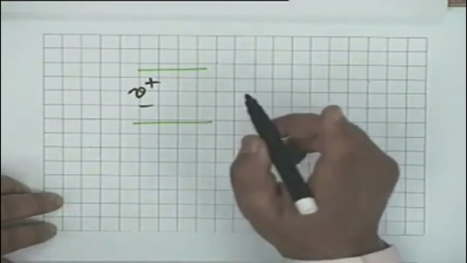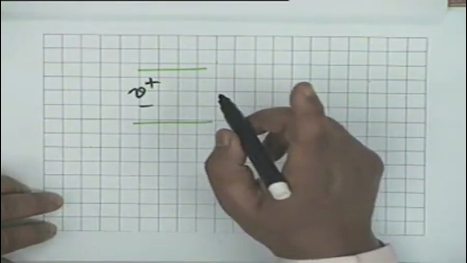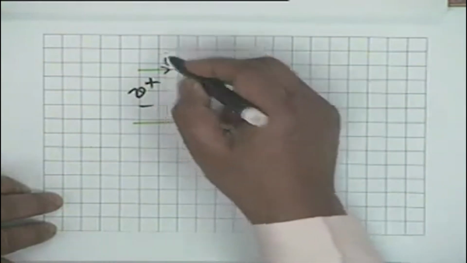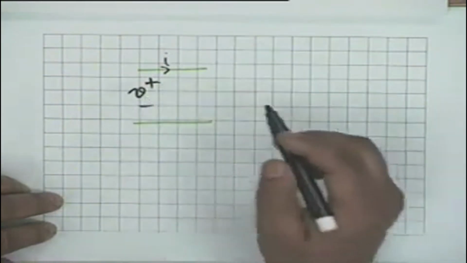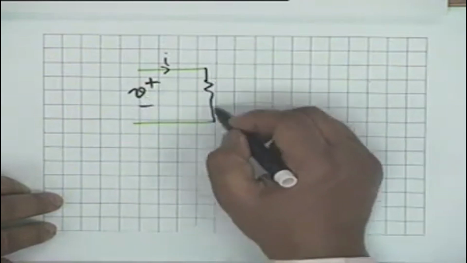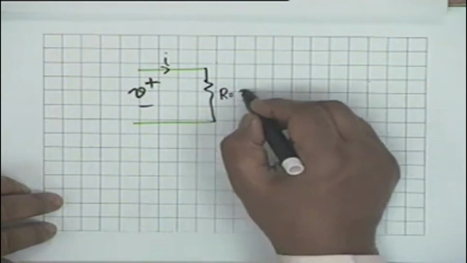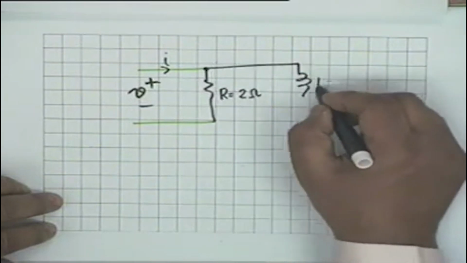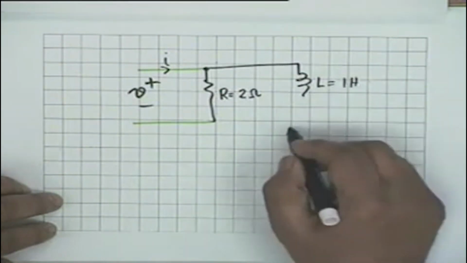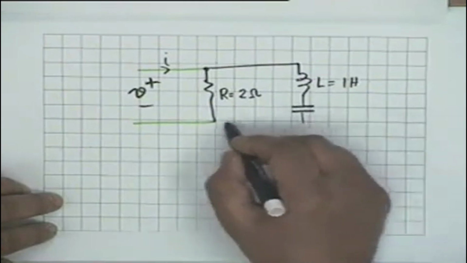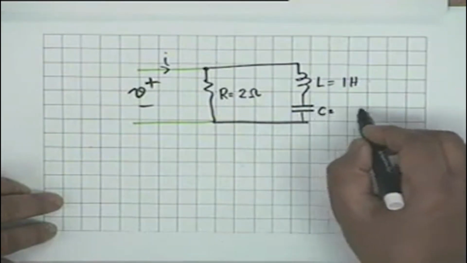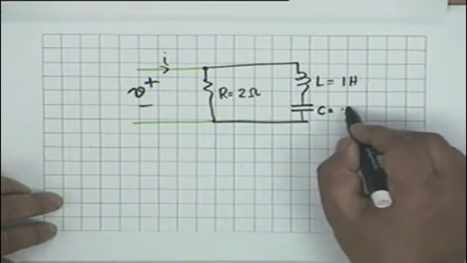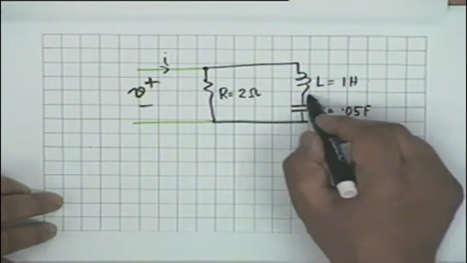So there is a current I, there is a voltage V, and the circuit consists of R equal to 2 ohms and then an inductance L equal to 1 Henry and a capacitance C equal to 0.05 farad, and the output voltage is taken here, V sub C.